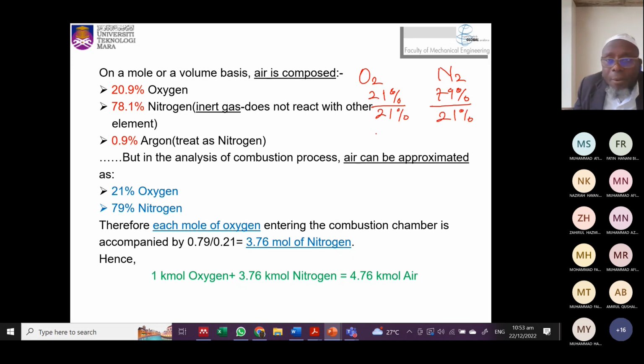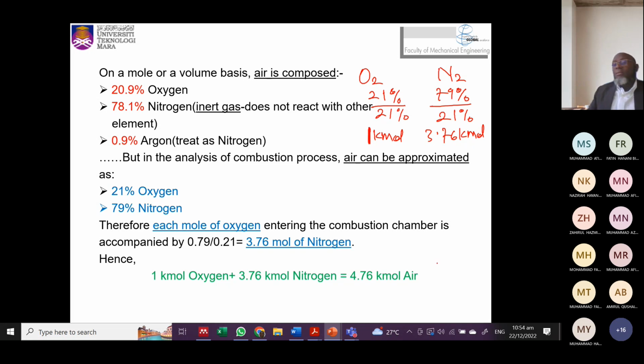So this gives me 1 kilomole of oxygen, and this one gives me 3.76 kilomole of nitrogen. So in every amount of atmospheric air, for every 1 kilomole of oxygen present, there will be 3.76 kilomole of what?